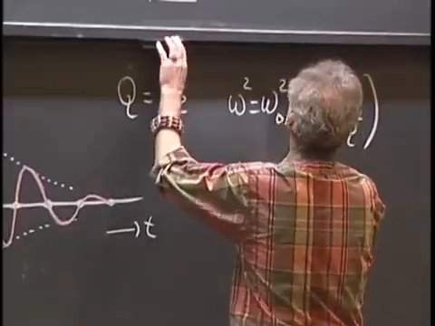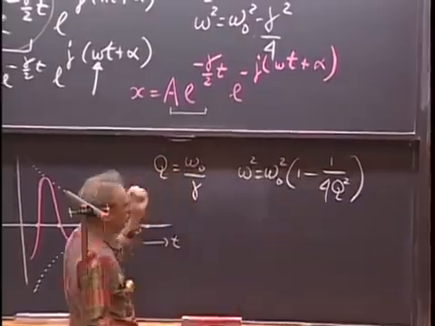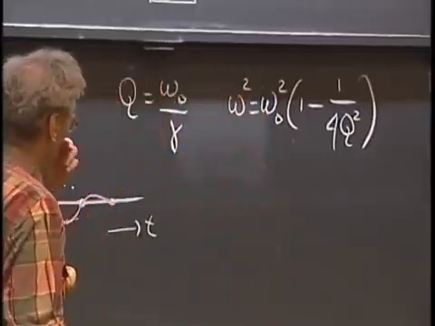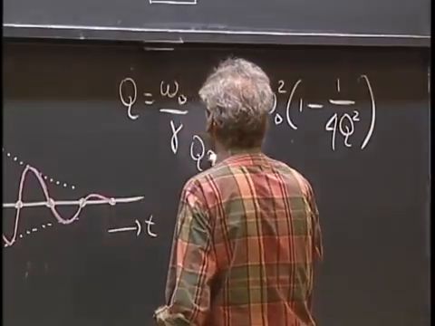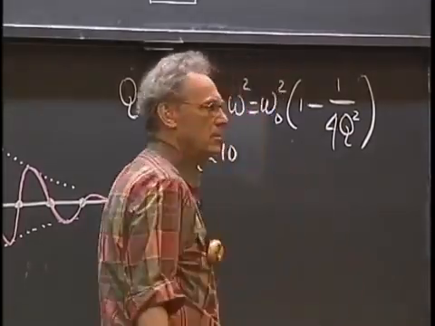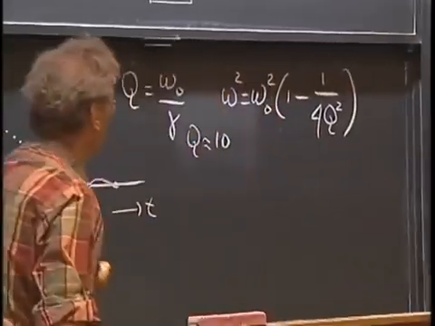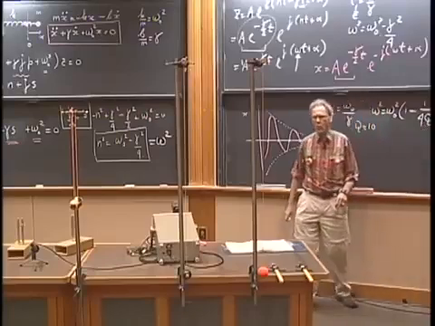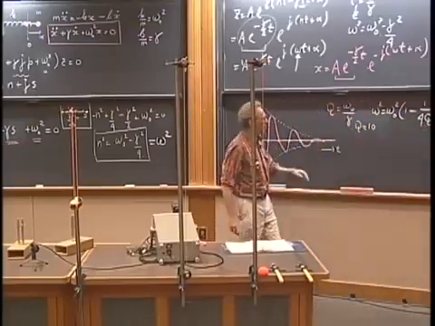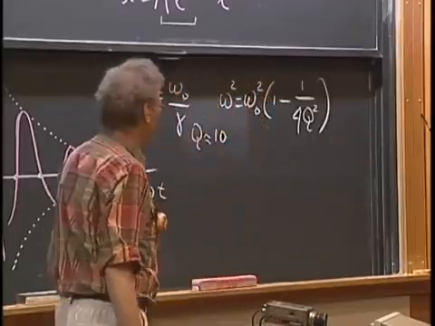Is this any different from that? No. It's just a different way of writing it because you introduce this. What it tells you is that if Q is about 10, and I bet you the Q's are much higher for these pendulums, then you have here 1 divided by 400, that is 1/4%, but since omega is the square root of that, it's only 1/8%.